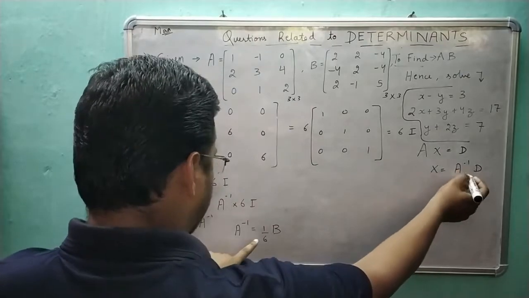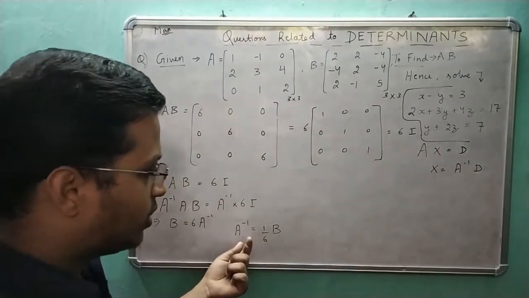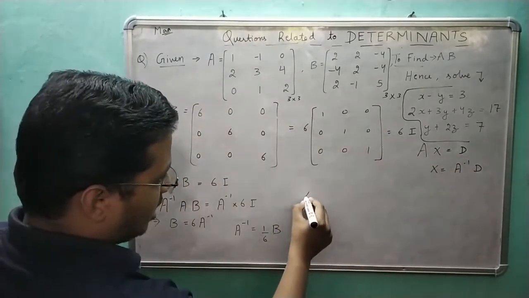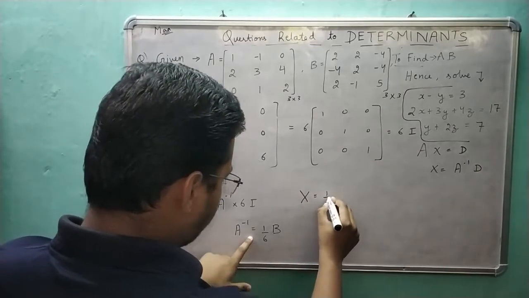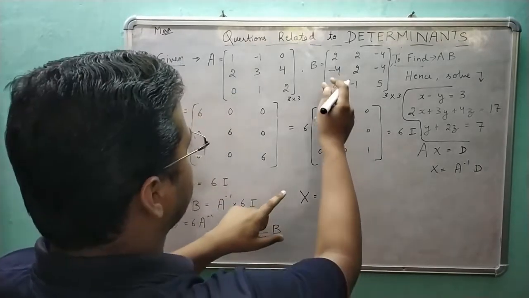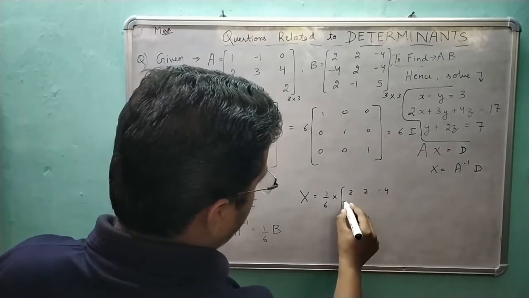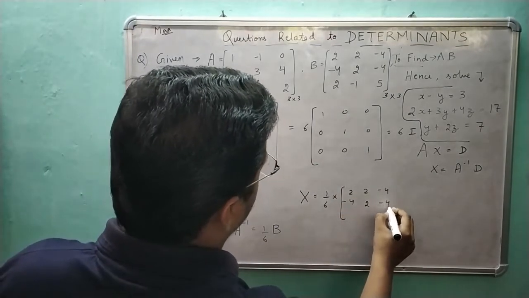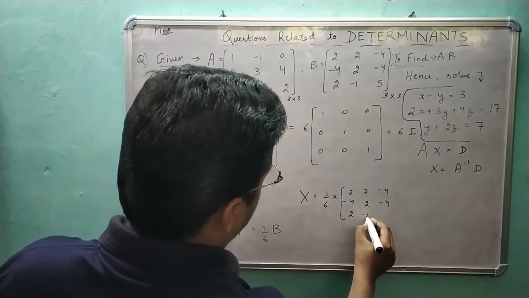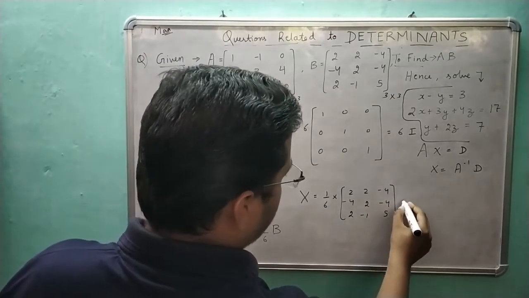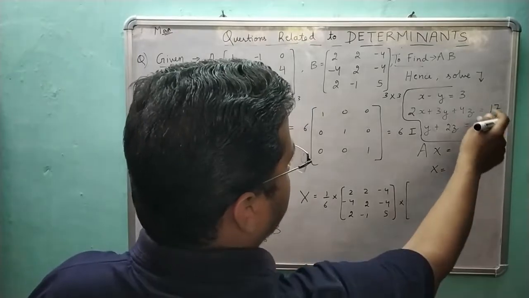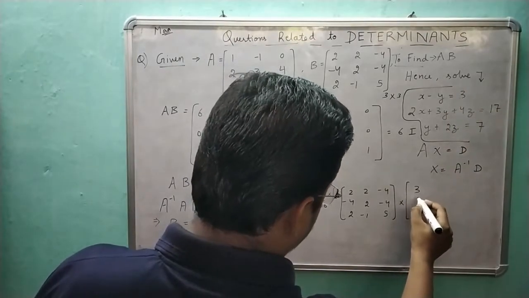We already have the value of A inverse, so what we will do is directly put it. So, X will be, A inverse is 1 by 6 into B, so 2, 2, minus 4, minus 4, 2, minus 4, 2, minus 1, 5 into D. D is 3, 17, 7.